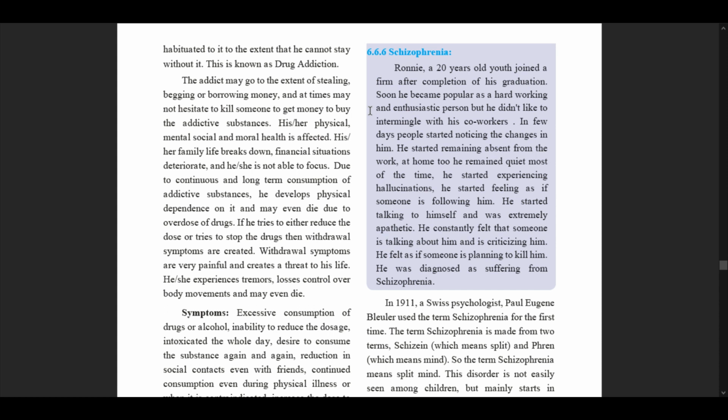So here we understand that an enthusiastic person who is very hardworking in life does not like to mix up with people too much. And suddenly after a few days, he shows a few symptoms. He starts remaining absent from work. He stays home too much. At home as well, he's very quiet.